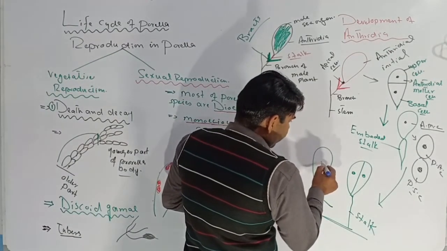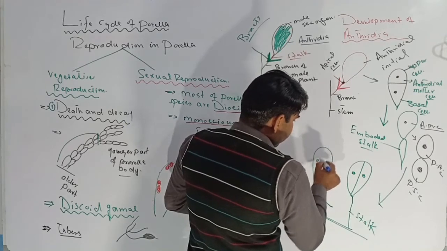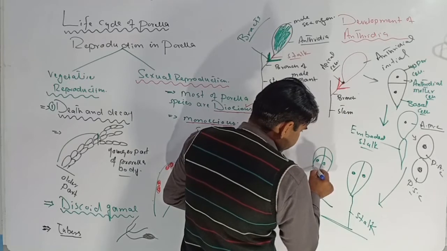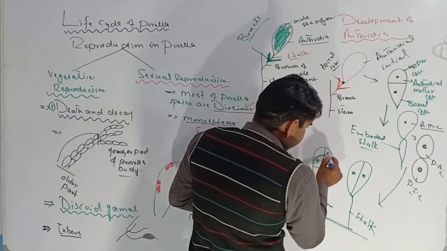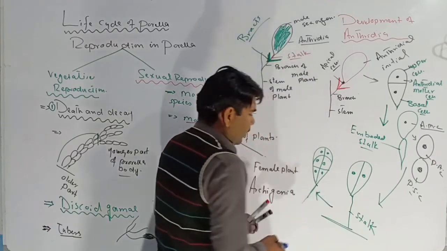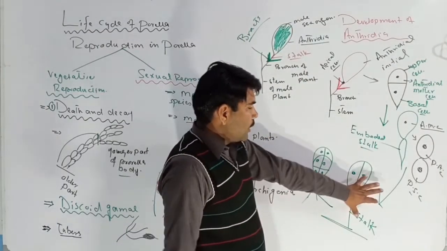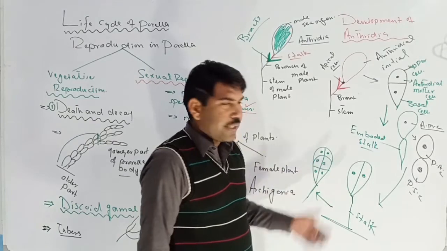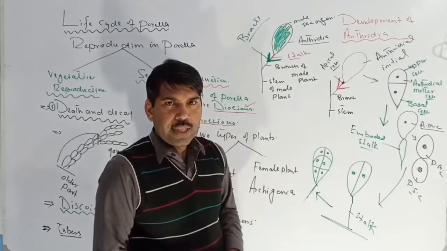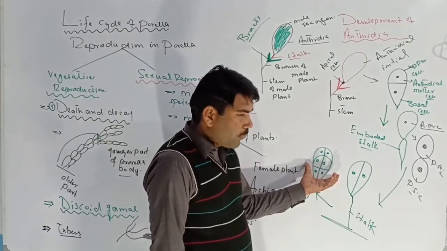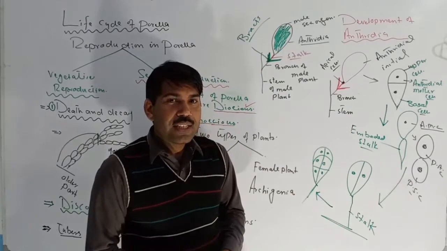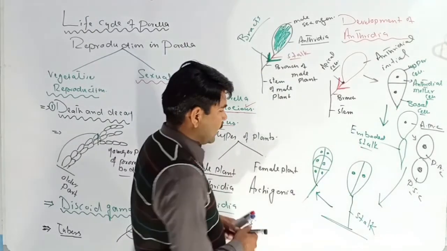Like this. These are two cells, and these are two cells. This is a stalk actually. Now these two cells produce six cells. Four out of these six cells, again I am telling you, are known as jacket initial cells.